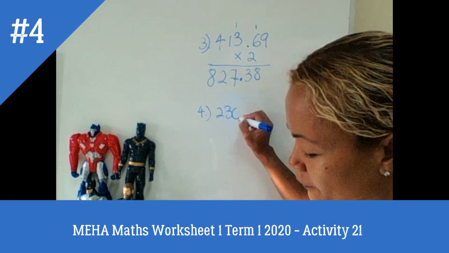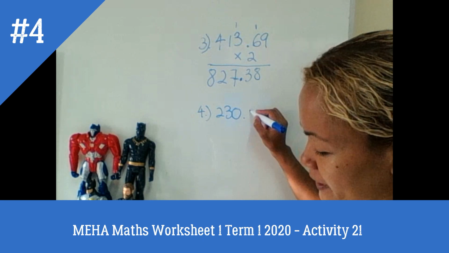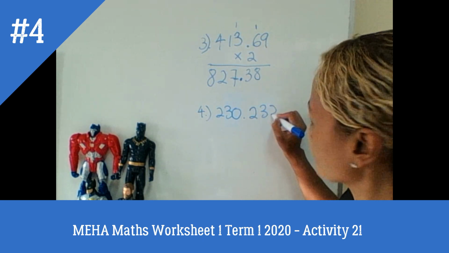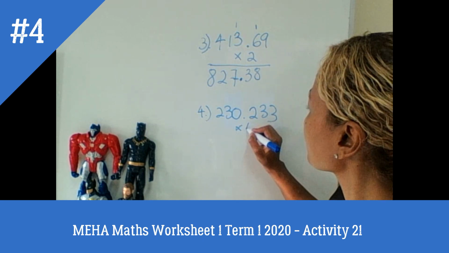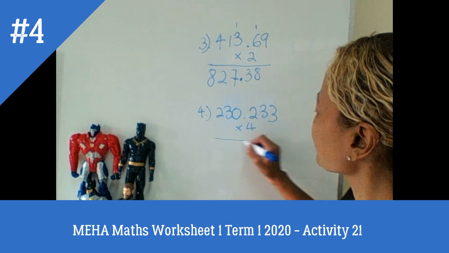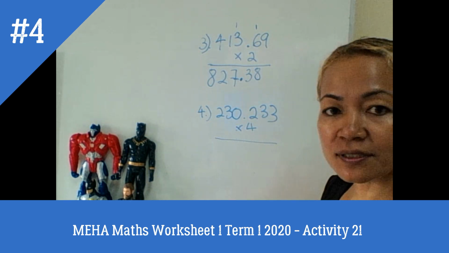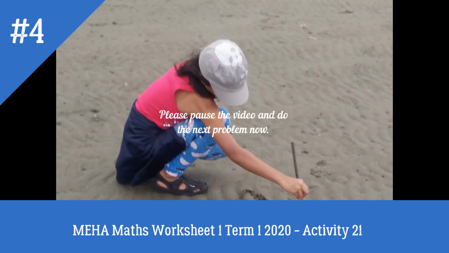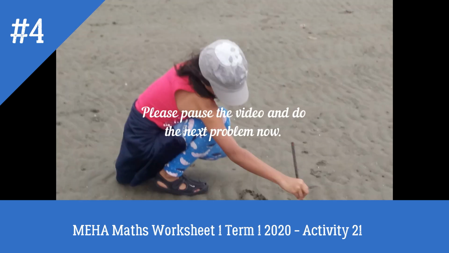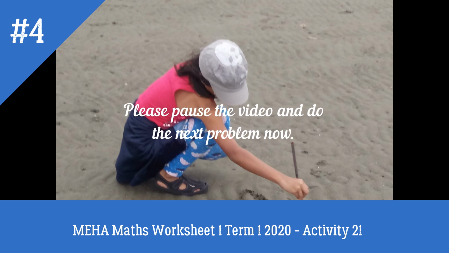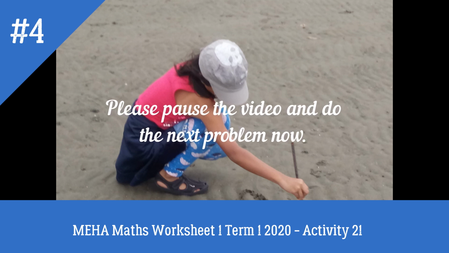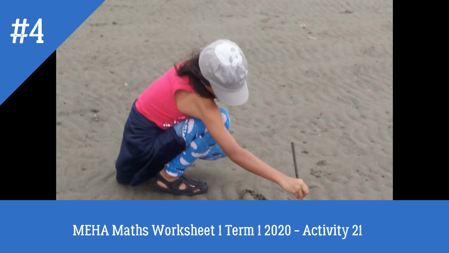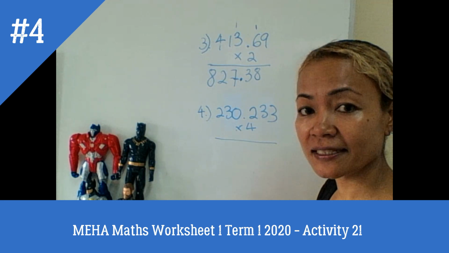Next one is number 4, 230.233 times 4. Give you time to finish it now. Have you done it?